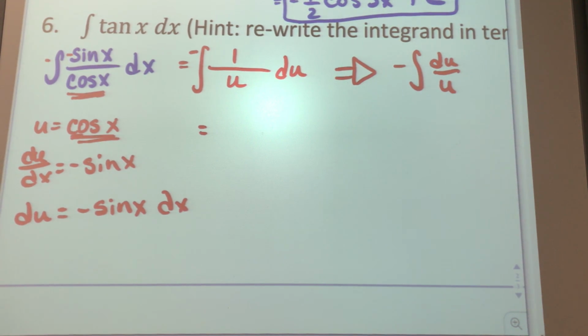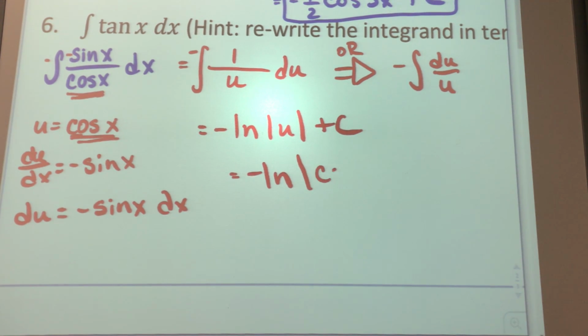Okay, so now we have to find the antiderivative of 1 over u. And the antiderivative of 1 over u du is the natural log of the absolute value of u plus c. And that's going to work for the other way if you write it the other way also. Alright. And then what we'll do is plug u in.